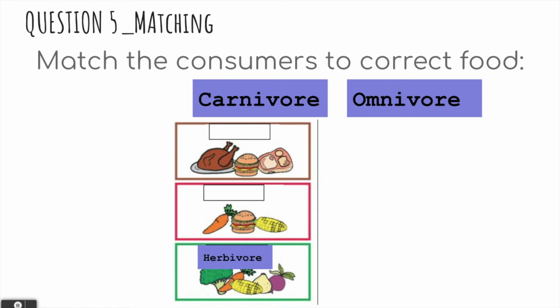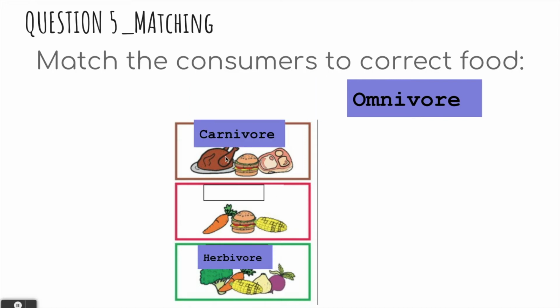Herbivores are those organisms that only like to eat plants. Let's try our next consumer, which is carnivore. What type of food does a carnivore like to eat? Does it eat burgers, chickens, and steak? Or does it prefer a mix of burgers, carrots, and corn?